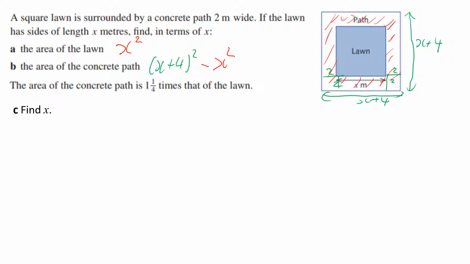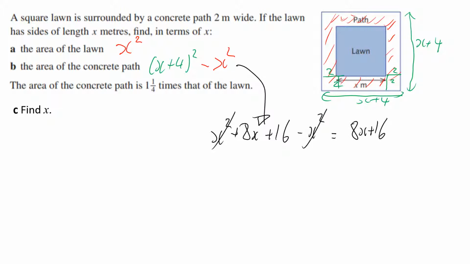Okay, so let's go and get an expression for the area of the concrete path. Expanding brackets, x squared plus 8x plus 16, take x squared, leaves us, of course, with the x squareds cancelling, 8x plus 16. So there's an expression for the area of the concrete path.